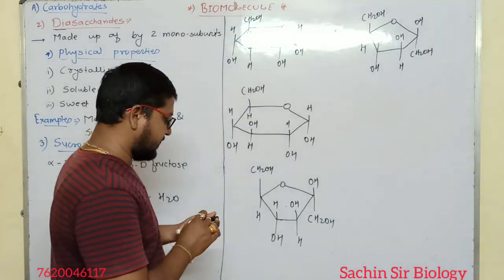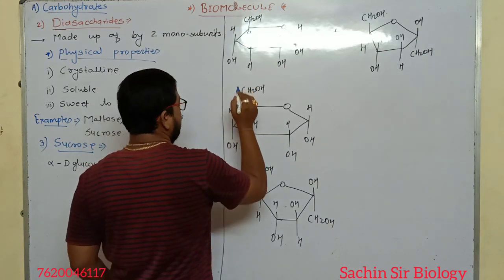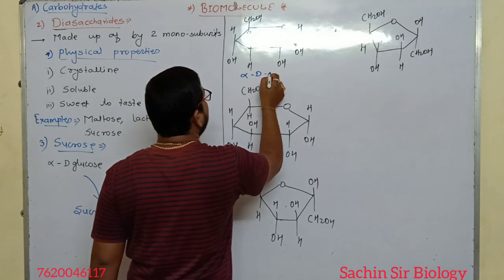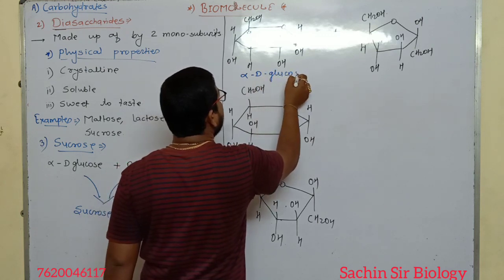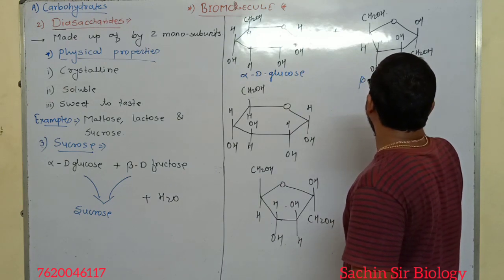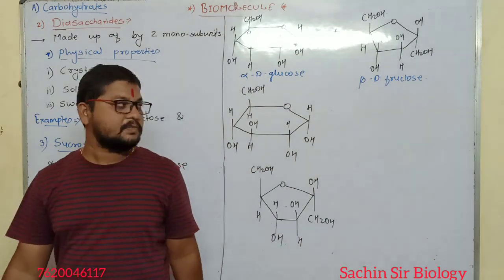That's all. So very simple, this is alpha D glucose and this one is beta D fructose or fructofuranose. Understand?